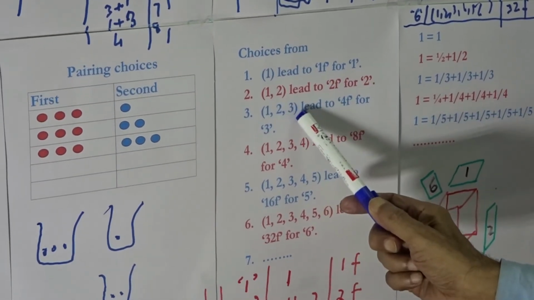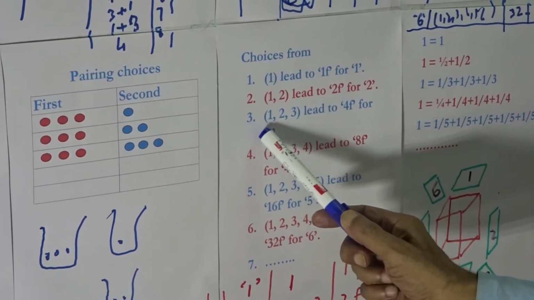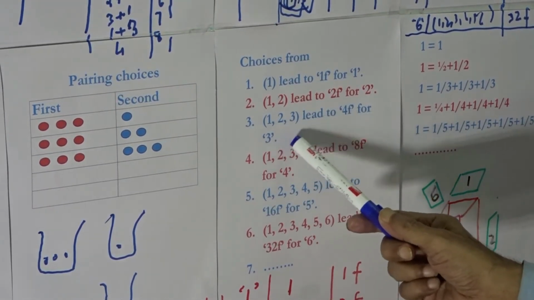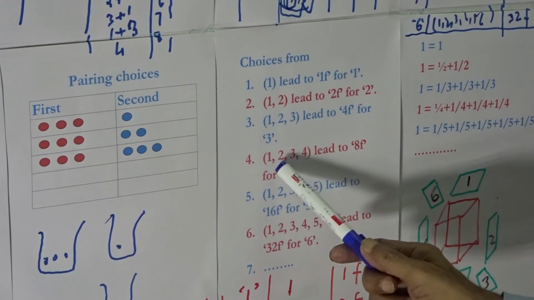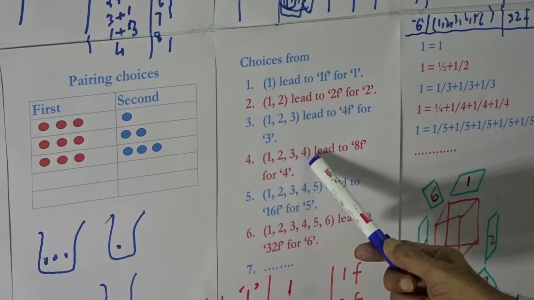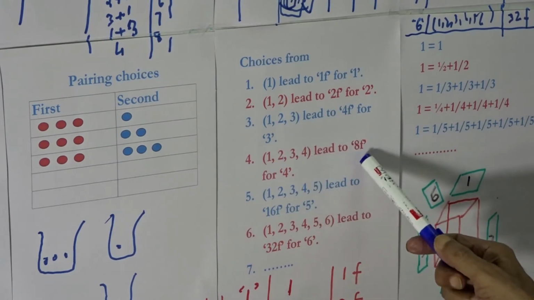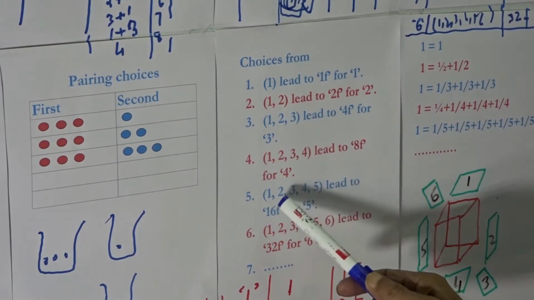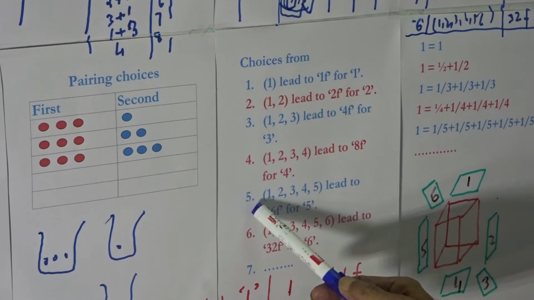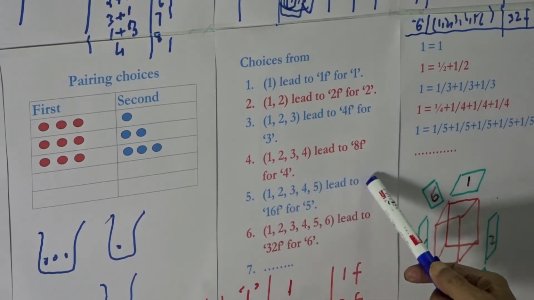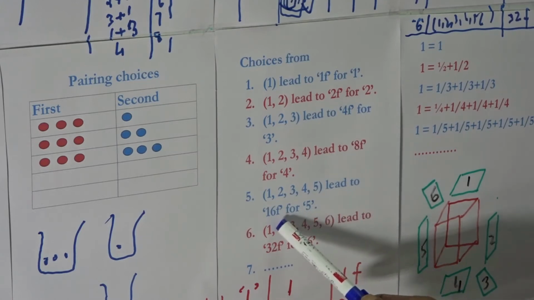From these choices, for reach at value 3, 4 frequency would be there. Now, when we have choices 1, 2, 3, 4, and we want to reach value 4, it will lead to 8 as a frequency. When we want to reach value 5, by choices from 1, 2, 3, 4, 5, it will lead to 16 frequency.